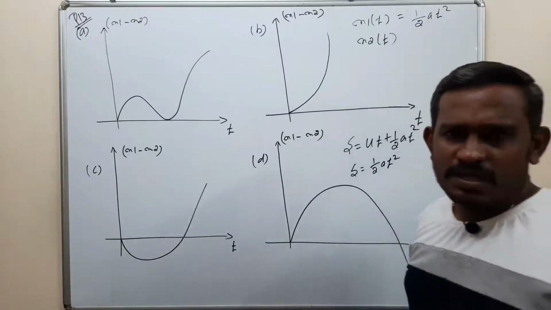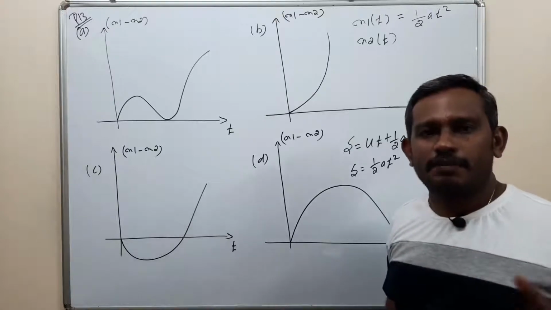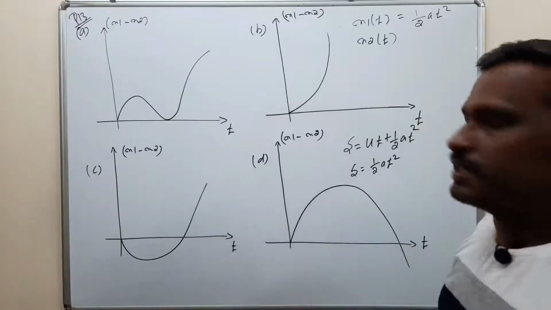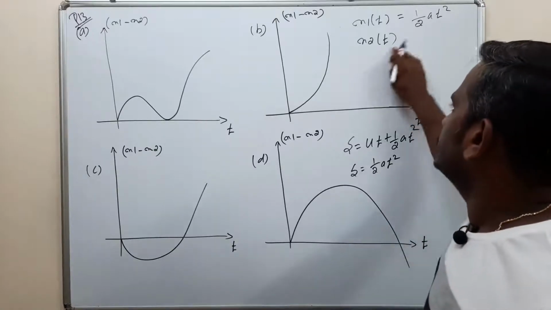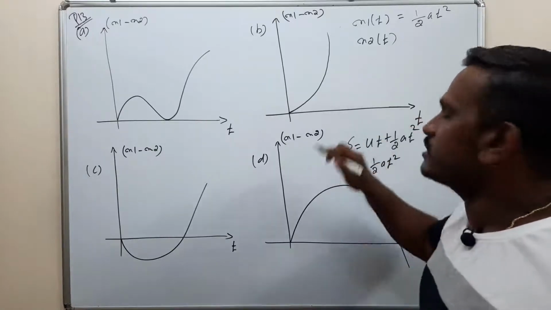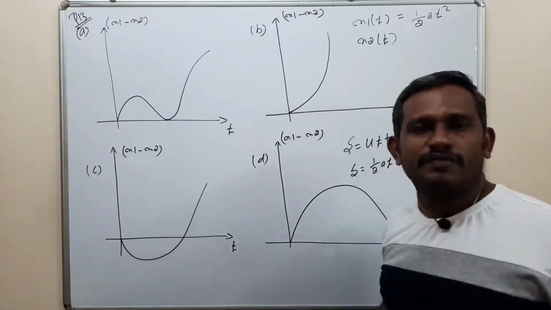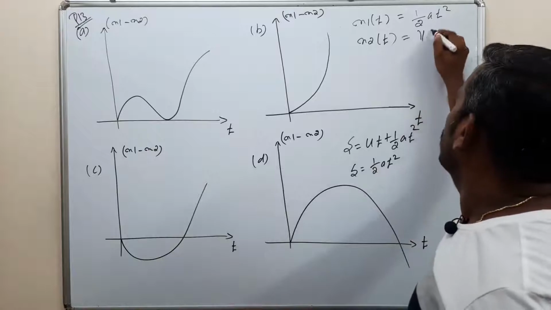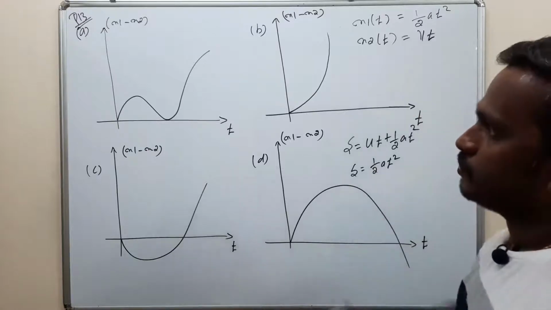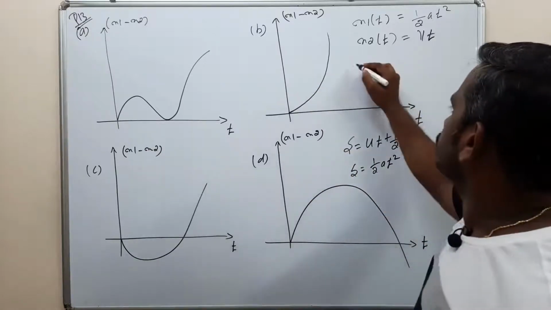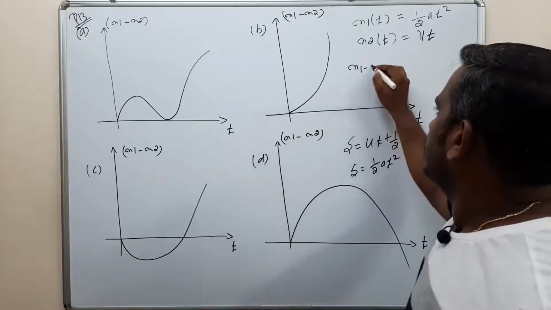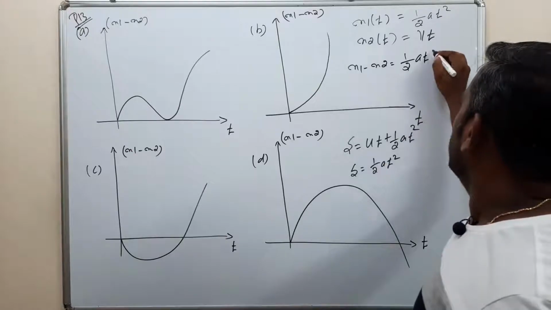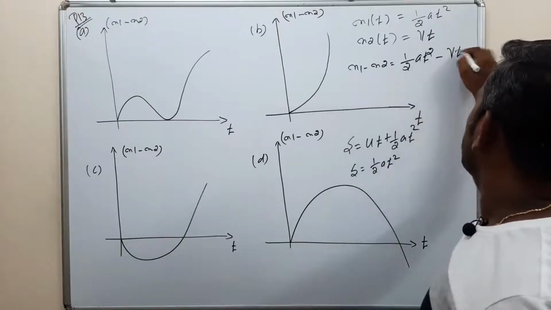At the same instant, another body moves through the origin, x equal to 0, with a constant velocity v. So the position of the body after time t is equal to vt. So we have to find x1 minus x2. So x1 minus x2 is equal to half at square minus vt.